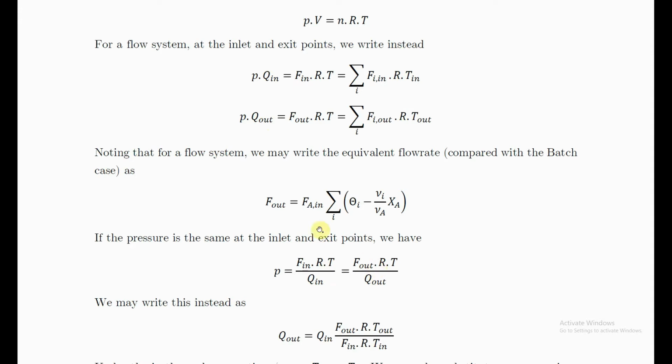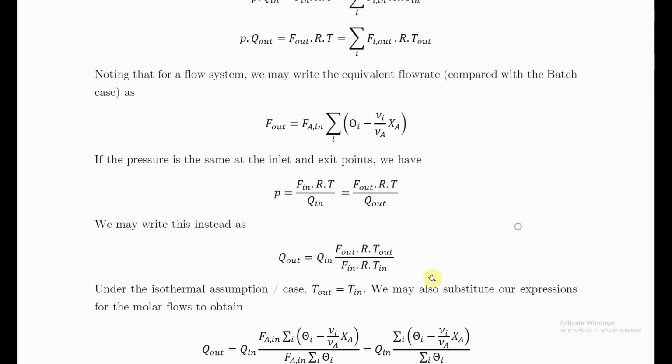And now, of course, we have this nice mole balance that we can rewrite for F out. And so we can then substitute for F out in this expression. Before I did that, I just rewrote this in terms of Q out.